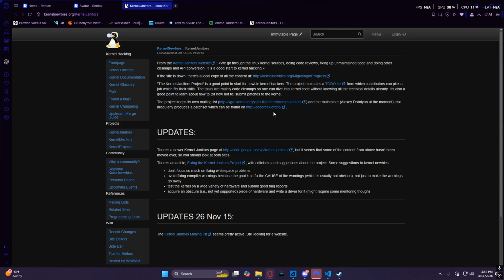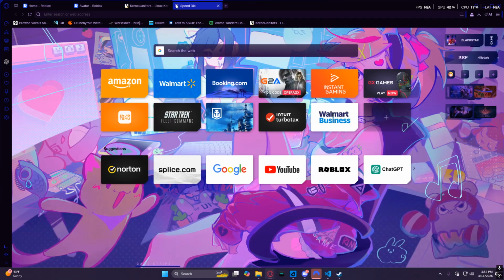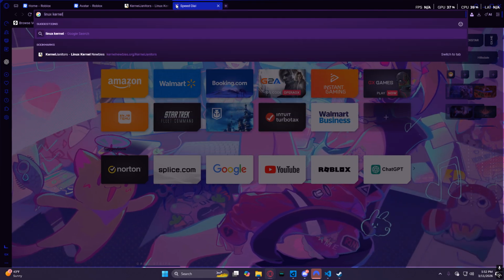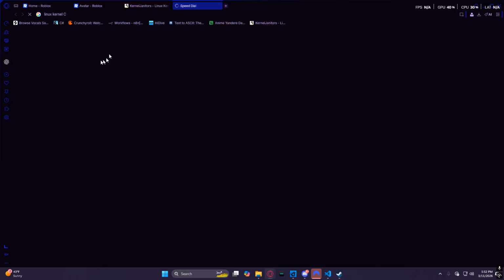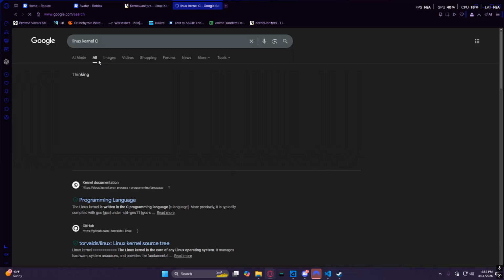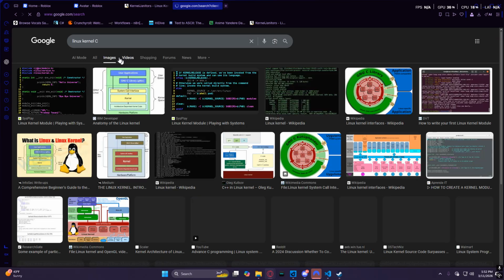Out of everyone that codes, these guys are all Terry Davis level programmers, because programming a Linux kernel yourself is, I'm pretty sure, if not one of the top hardest things you can ever do with programming. And they are insanely smart. Hold on. I might be able to find an example of some of it.